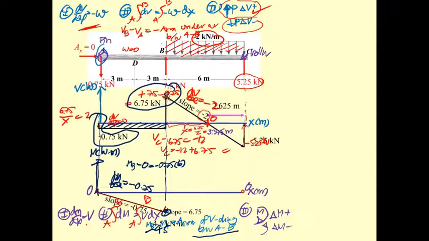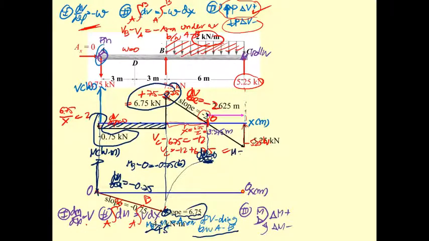Then the shear changes to 6.75 here, so the slope here is up. Over here shear is 0, so dM by dx is 0 and the slope is 0. Over here the slope is plus 6.75. So the graph is supposed to be something like this. What is the moment here?